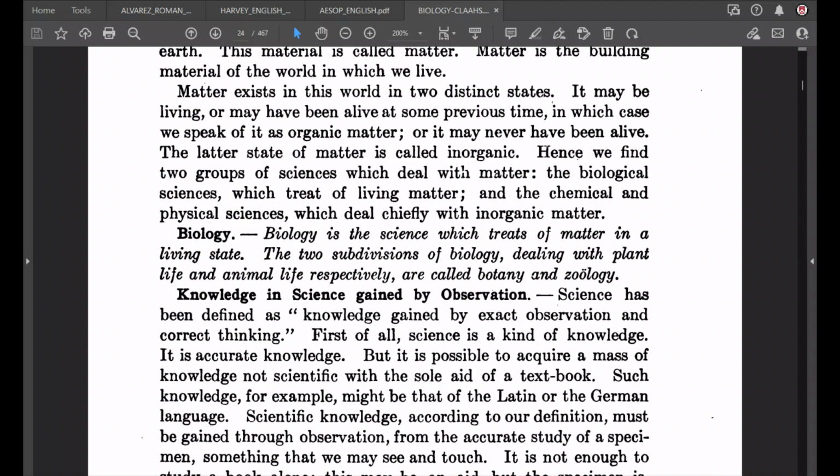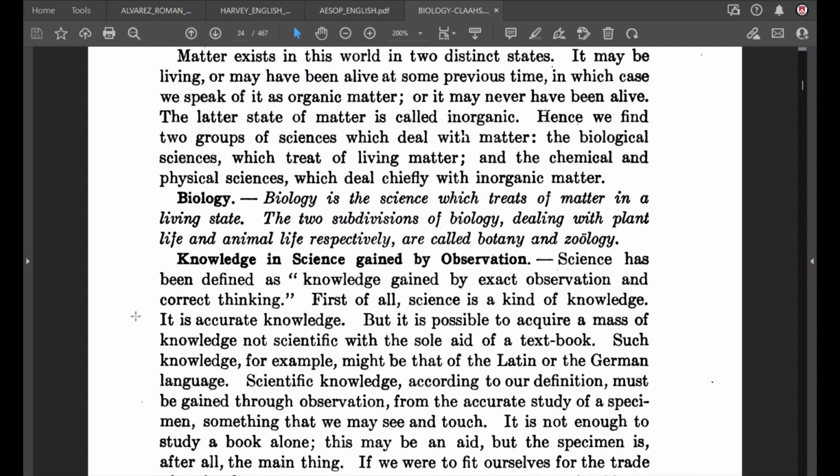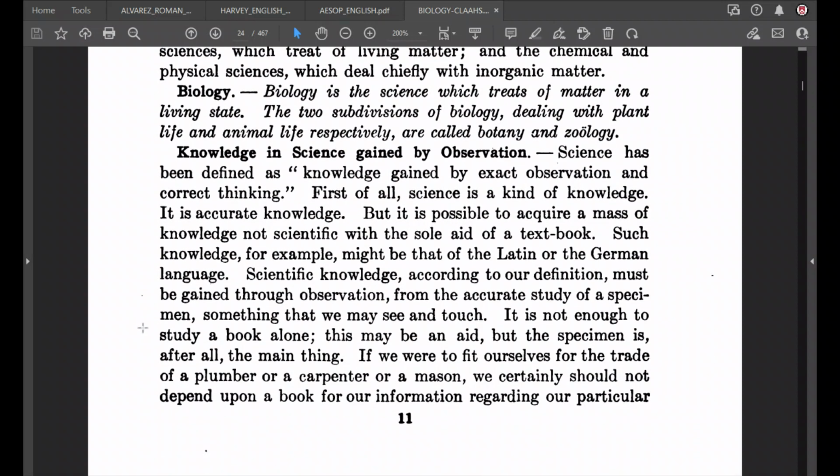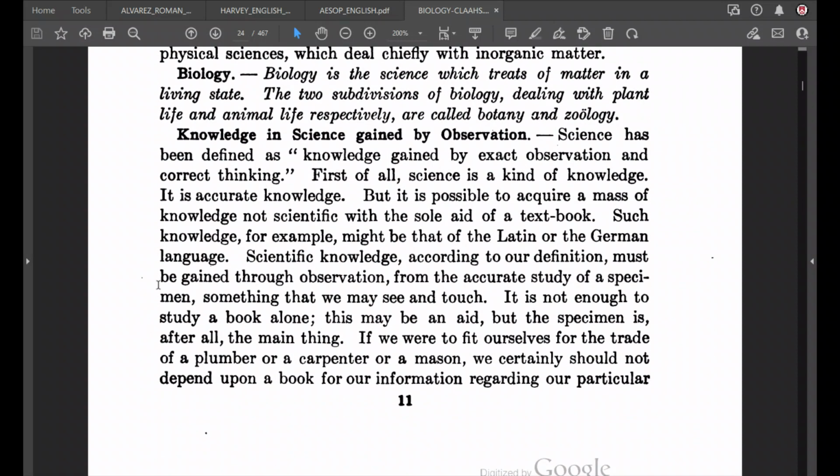The Greek word zoon means animal. We have zoology, the study, the science of animals. So there are two divisions of biology, botany and zoology.